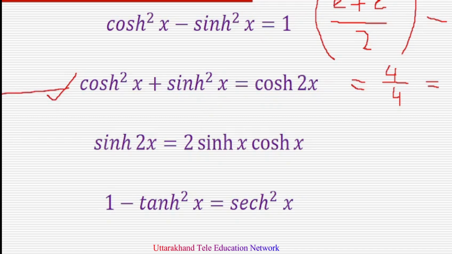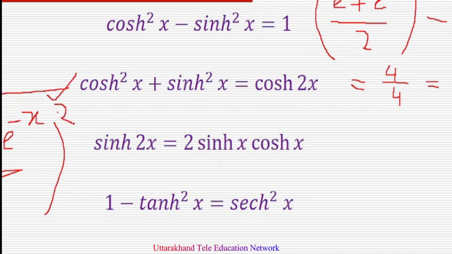The value is (e raised to power x plus e raised to power minus x) divided by 2, whole square, plus (e raised to power x minus e raised to power minus x) over 2, whole square.